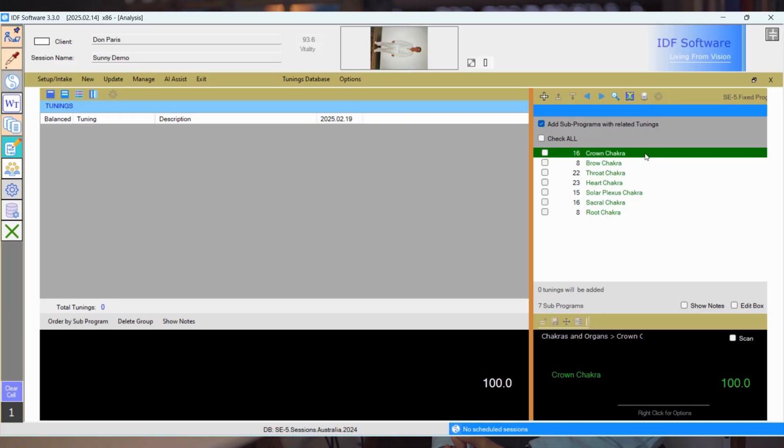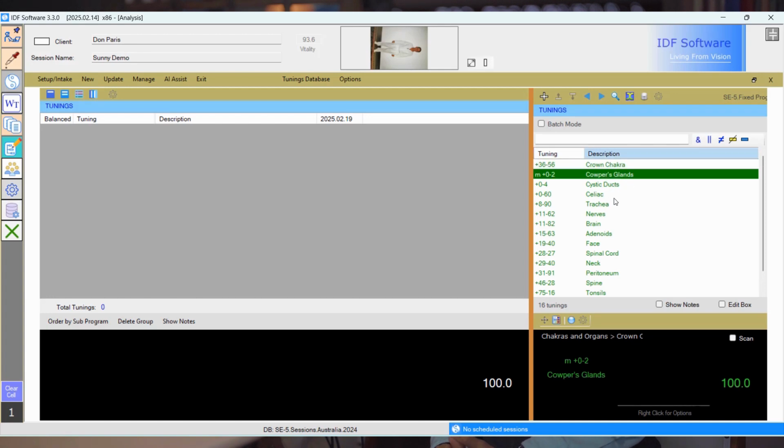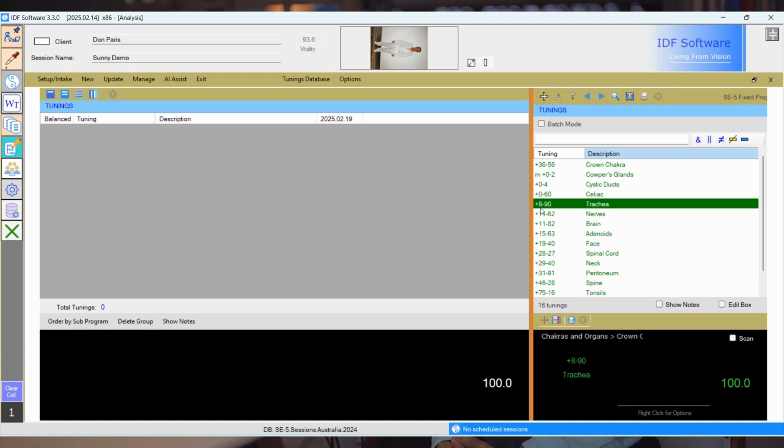So we use what are called intrinsic data fields. Under the crown chakra, for example, we will have different organs, like the trachea. We use the tuning frequency, which we call a tuning code, of 8-90. In mathematical terms, you can say it's the language of the SE-5.